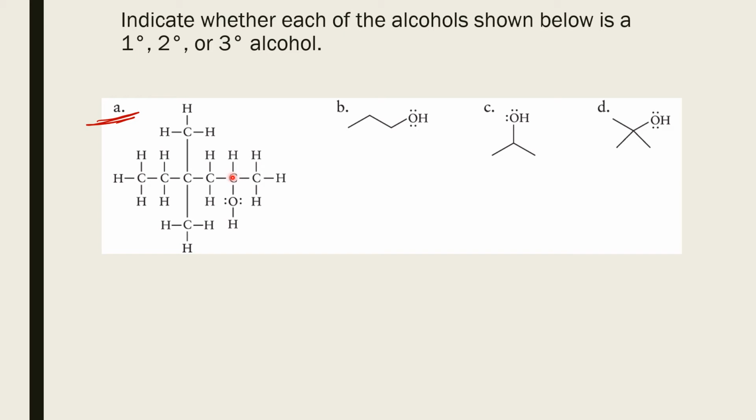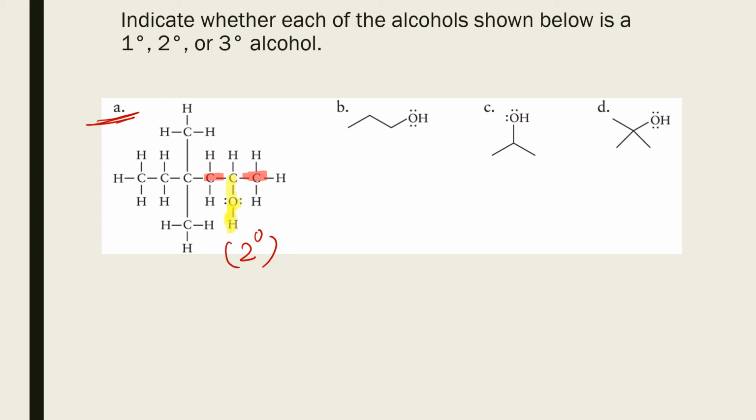So this carbon is connected to one more on the right hand side and another one on the left hand side. So therefore the carbon atom containing the hydroxyl group is linked to two more carbons, so one here and one here. So therefore this alcohol is a secondary alcohol.